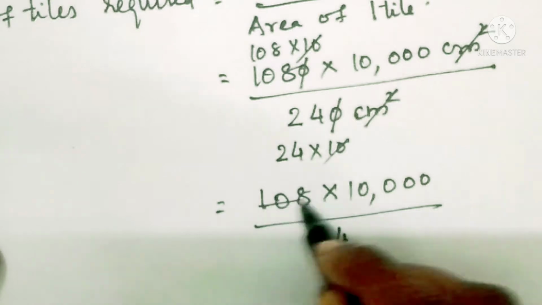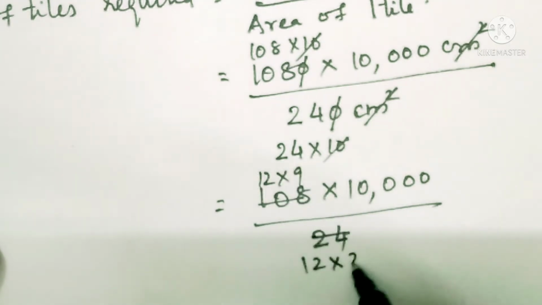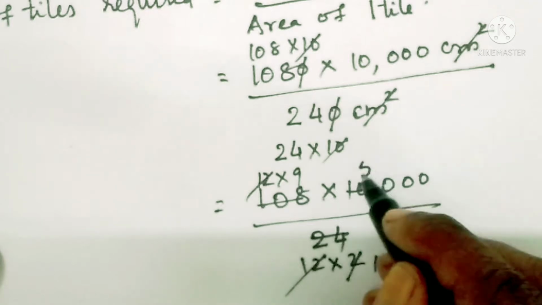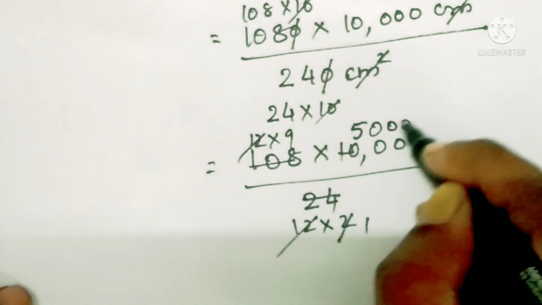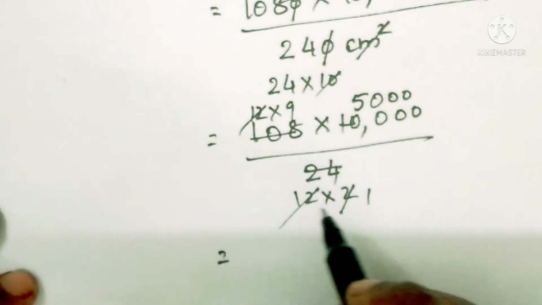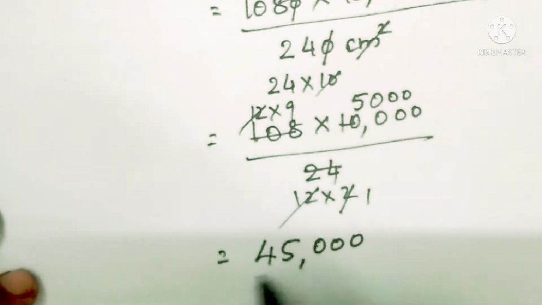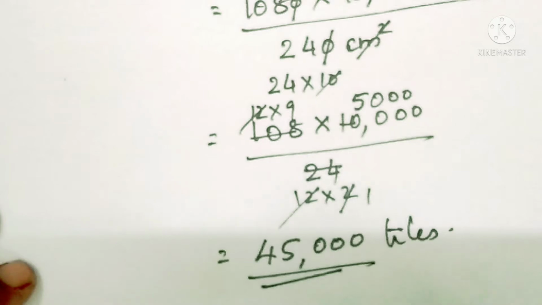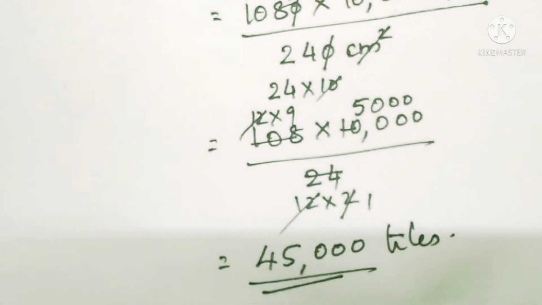You know that 12 nines are 108 and 12 twos are 24, so the common factor 12 cancelled. Now 2 fives are 10, so here you got 5,000. Now 5,000 into 9, 9 fives are 45. So 45,000 tiles are needed to cover the given area.